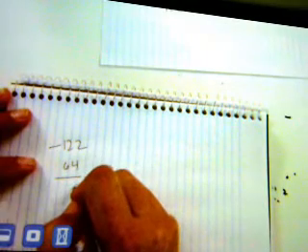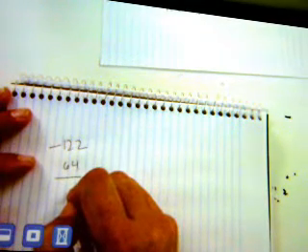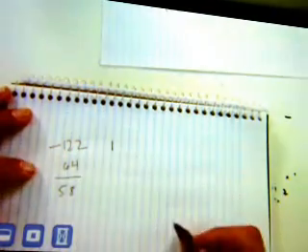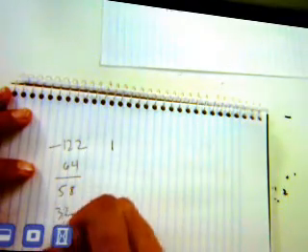Okay, so the first thing we have to do is convert this to normal binary. So doing it the stick shift way, 64 is there. Is that right so far? So we put a 1 in the 64's place. 32 is there, so we put a 1 in the 32's place.